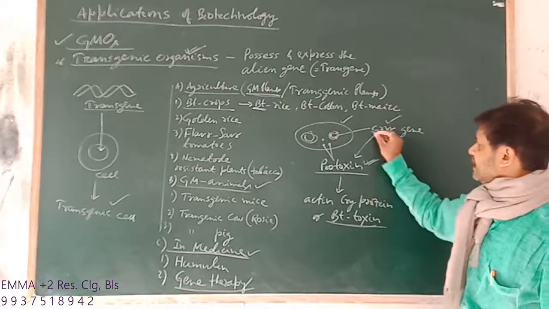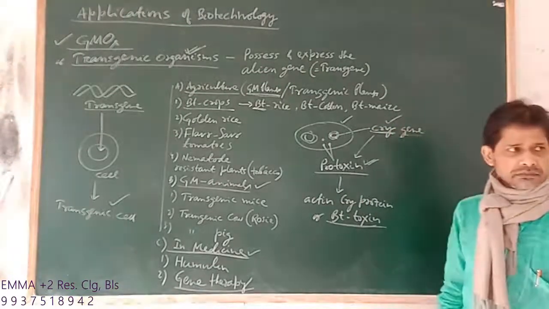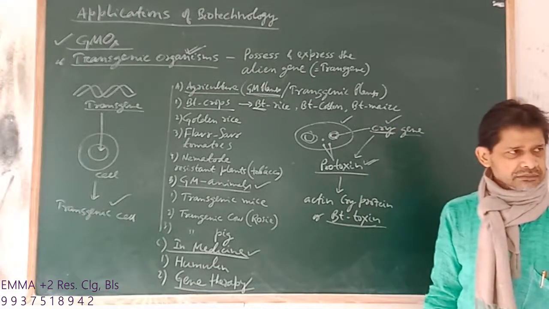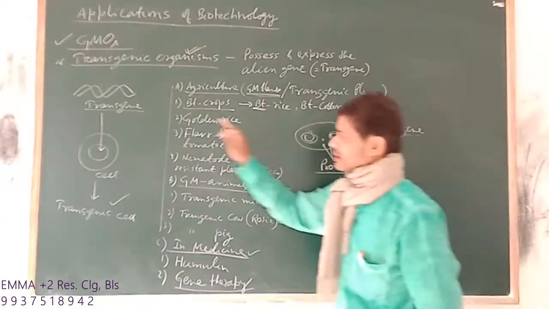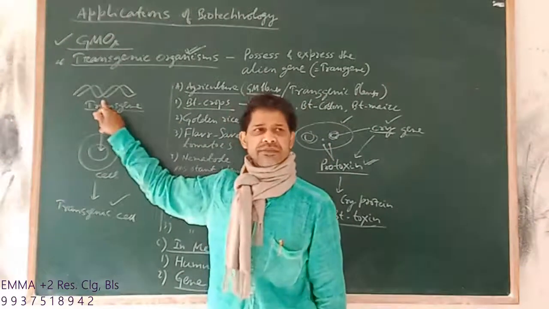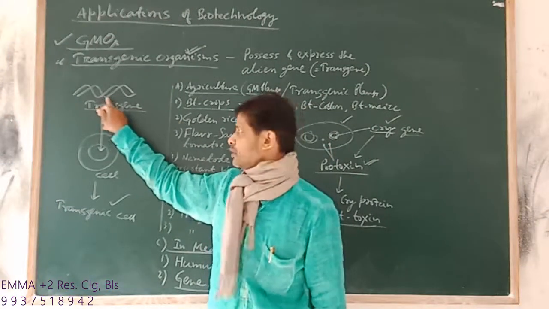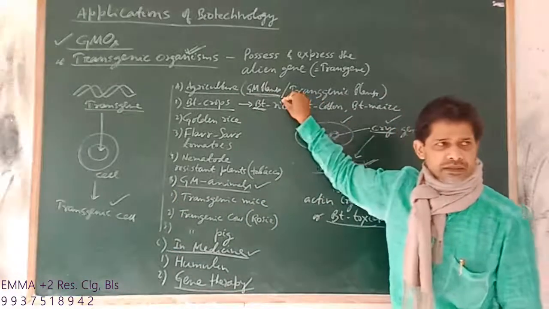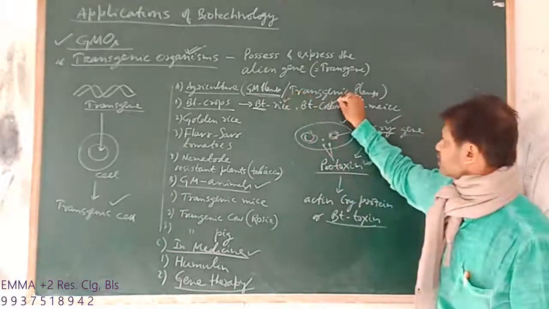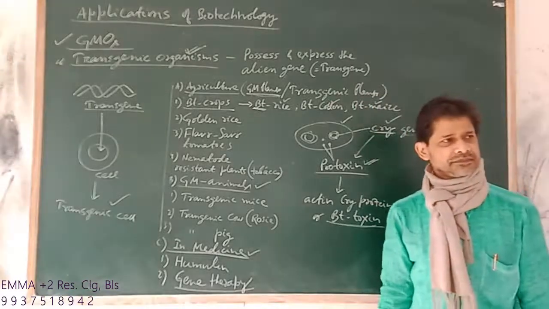So scientists identified the cry gene. Many types of cry genes are there, and this cry gene is considered as a transgene. We introduce this gene into a plant cell, rice plant, cotton plant, maize plant.